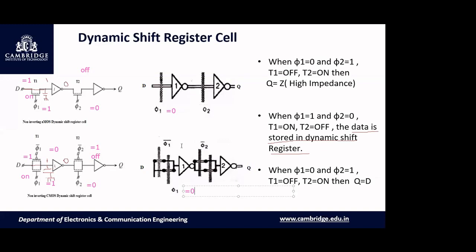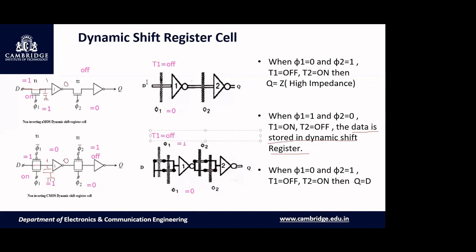Here phi 1 bar will be 1. So that your T1 transistor will be off, and here T1 transmission gate is on. Understood, no?